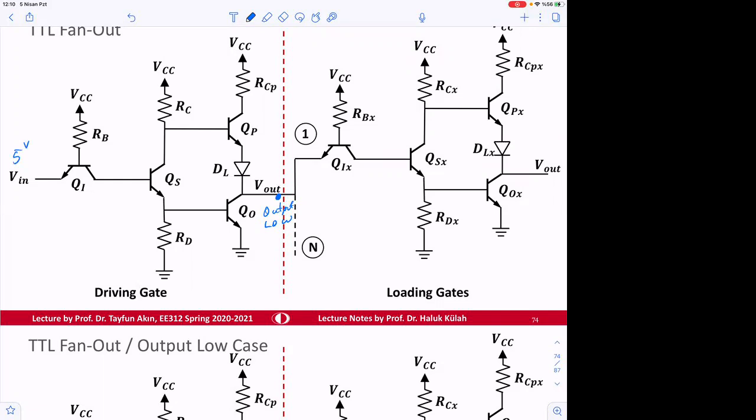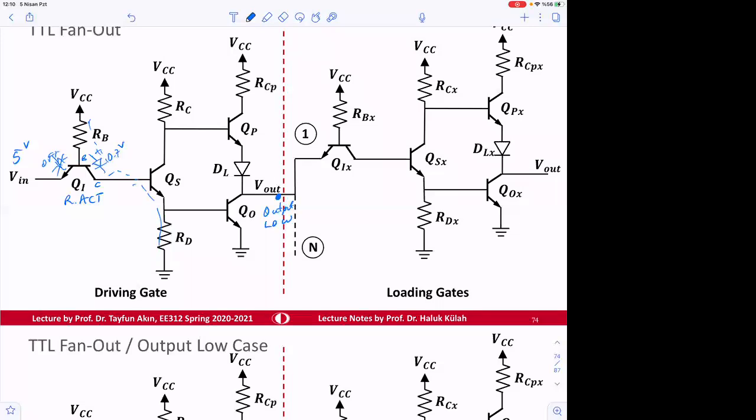Okay. We already analyzed the transistor states. We know that this junction cannot be on. So this is off. So this junction should be on, because there's a current path here. Therefore the base-collector junction is on, which means the transistor Q1 is in reverse active. And the voltage here in reverse active is 0.7 volts.